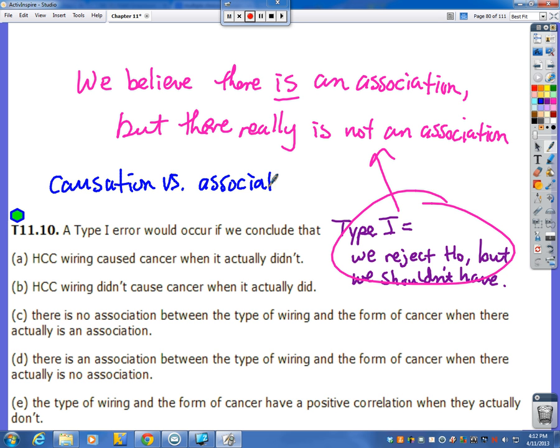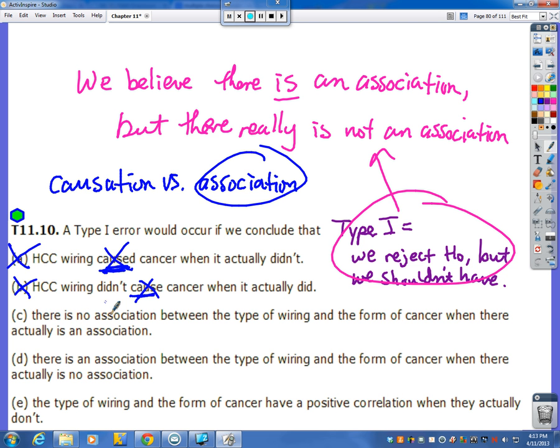Again, we're trying to show that things are linked, but not necessarily causing. That's what we're doing in our testing here. We're not directly pinpointing that this specifically causes that. All right? So we can't conclude that. And we also can't conclude that it didn't cause cancer when it actually did. Same thing. The whole causing thing is throwing that off.